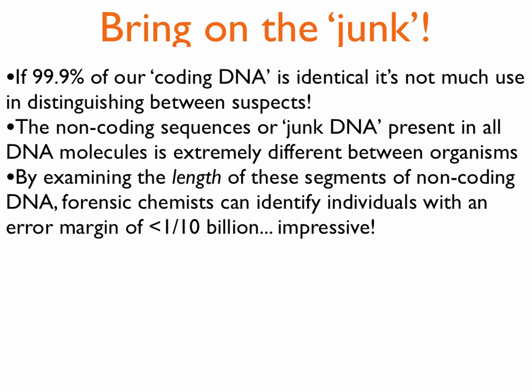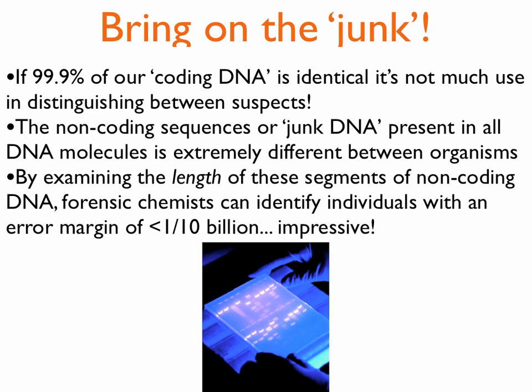It's these non-coding junk segments that are of different lengths that are unique to every individual that forensic chemists use to differentiate between suspects. It's these bands that you see on electrophoresis gels that are actually bands of non-coding junk DNA that distinguish between suspects. We will look more closely now at this junk DNA in the next video.